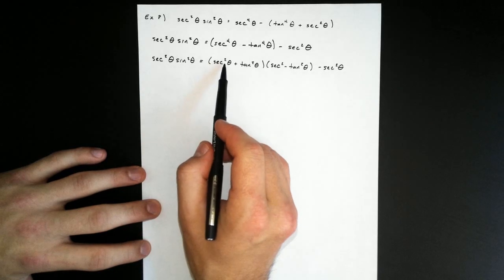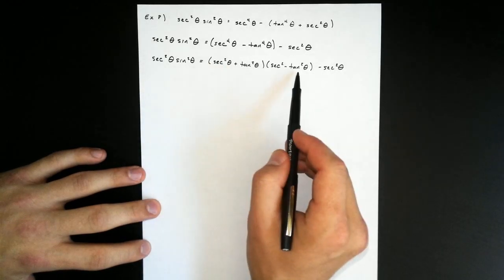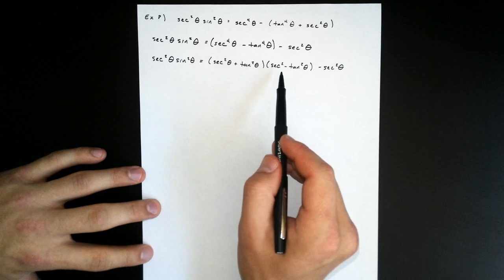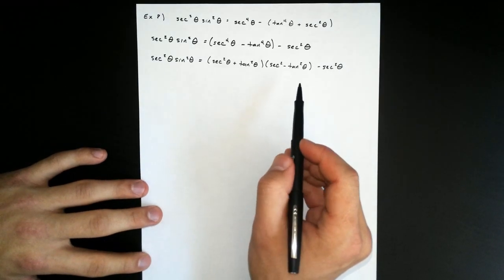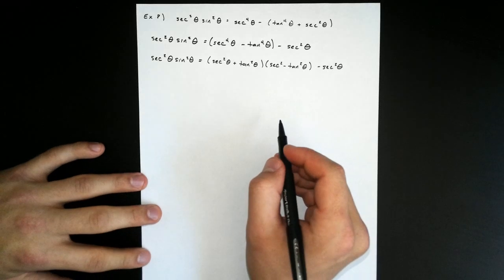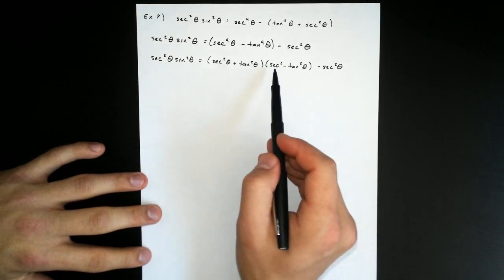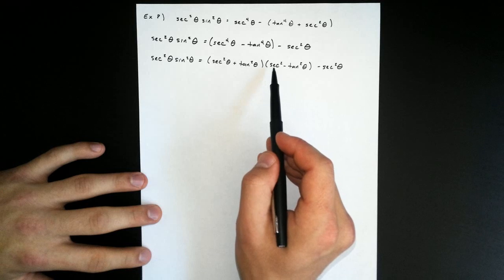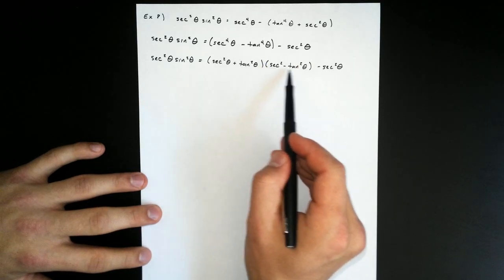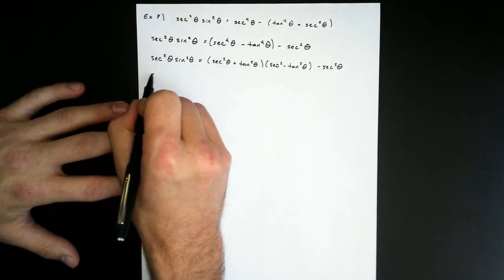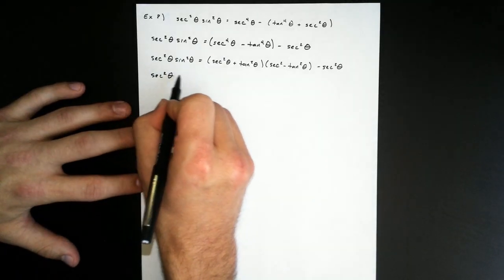Alright, so now we have tangent and secant squareds here. One of these is the Pythagorean identity. So our Pythagorean identity, tangent squared plus 1 is the same as secant squared. So that means that the secant squared minus the tangent squared, this piece, is equal to 1. So that simplifies.